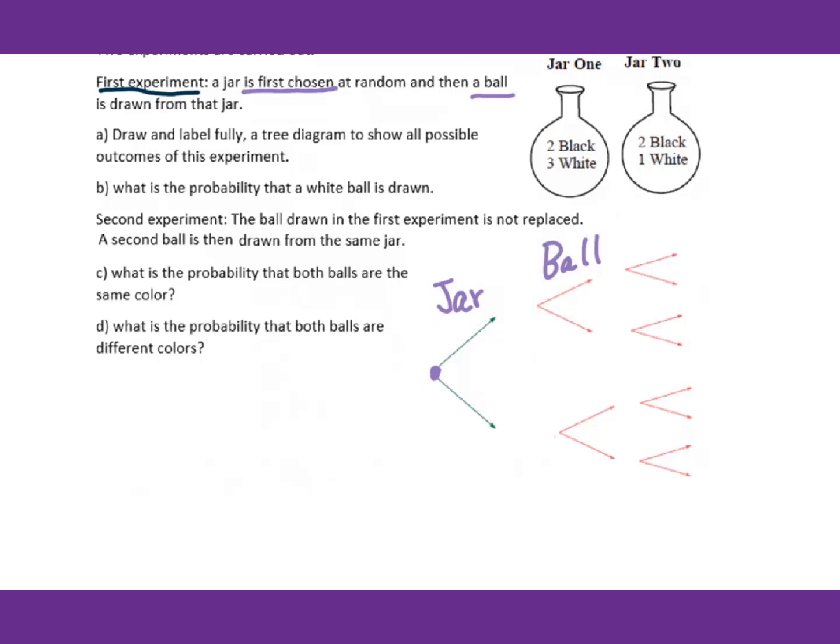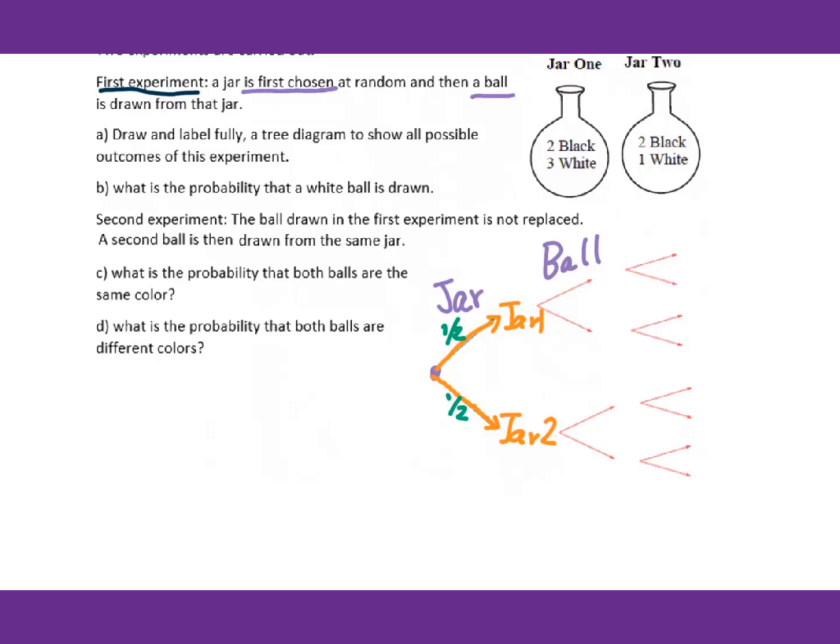For the draw, how many possible results will you have? It is 2, because you have draw 1 and draw 2. So I write down here draw 1 and draw 2. Probability will be 1/2.